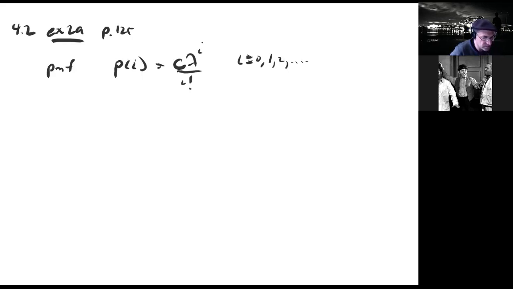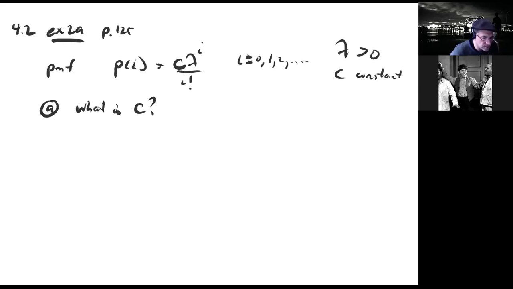I'm going to ask some questions. Here lambda is some non-negative number, and C is some constant, which we don't know yet. So what's C? Part A of the question is, what is C? That's the first part, and I'll talk about the remaining parts in a moment.